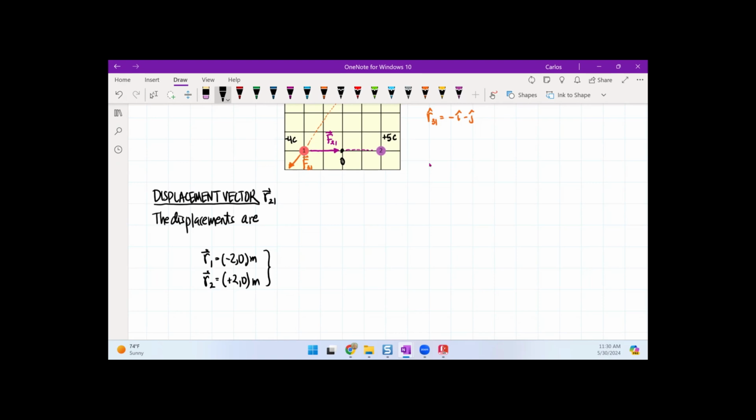I need a vector pointing to the right, so that has to be r2 minus r1. If I subtract these, I get +4, 0 meters, which gives me +4 meters in the i direction, exactly what we expected.